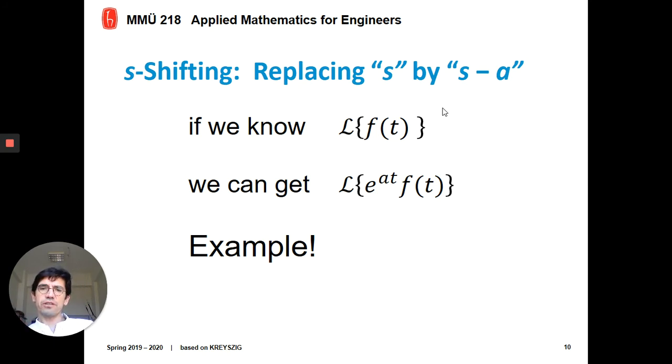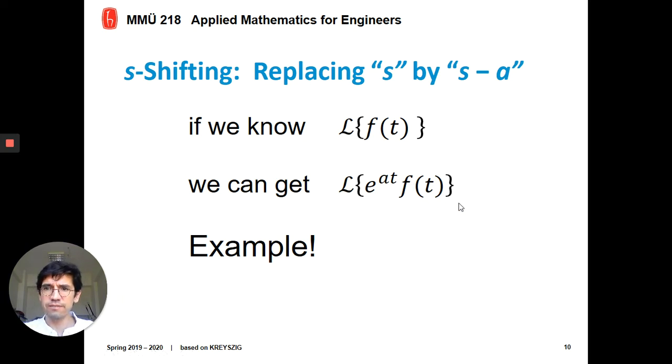I'm going to shift the frequency by a. So if I know Laplace of f of t, we can get e to the power at f of t by shifting in the frequency domain on the right hand side, which I'm going to represent on the left hand side by an e to the power at like this. So how come this is true?